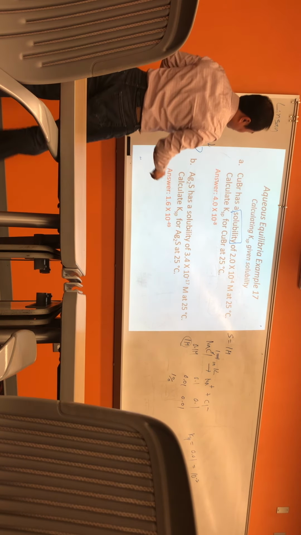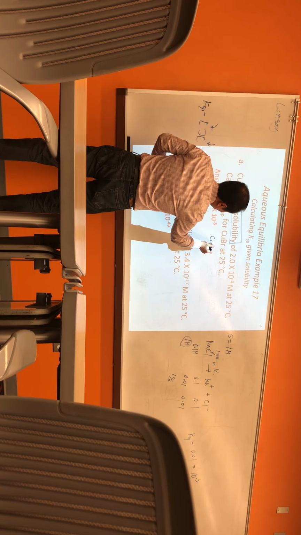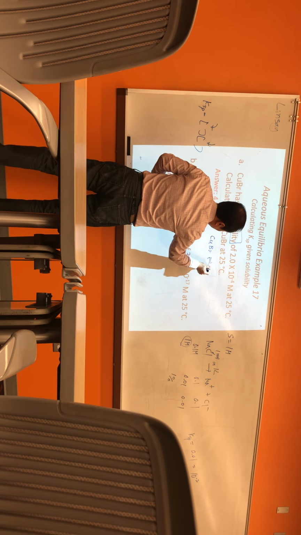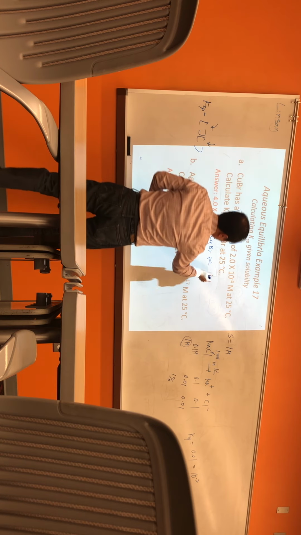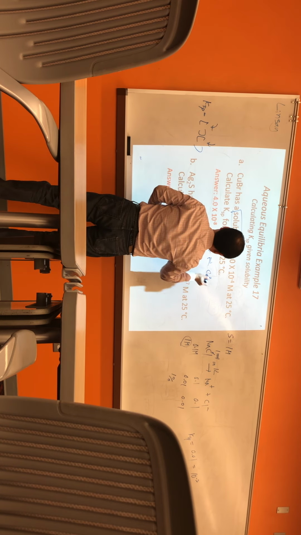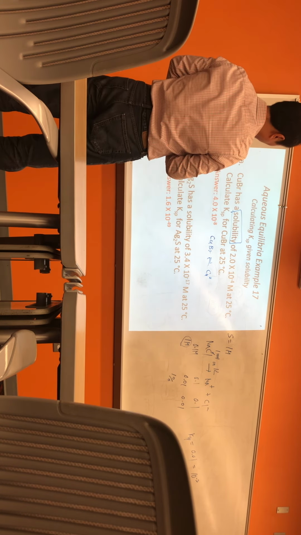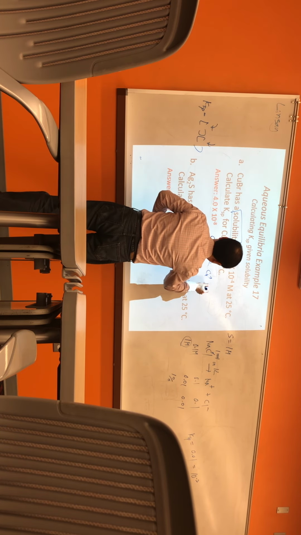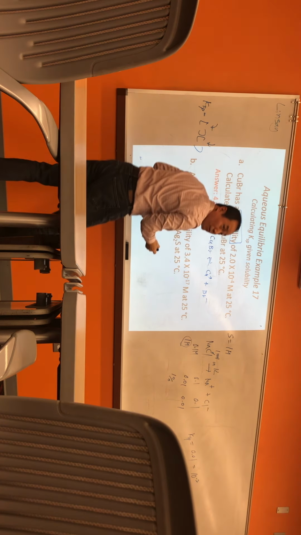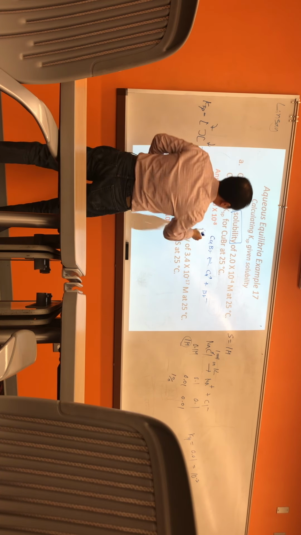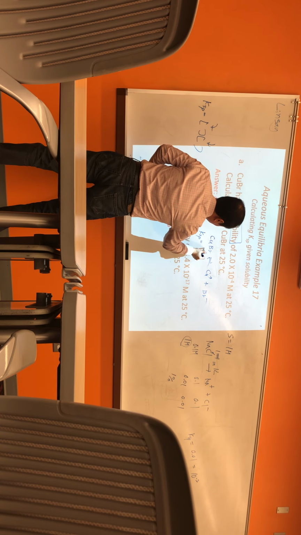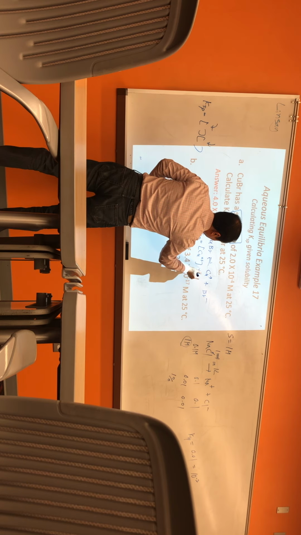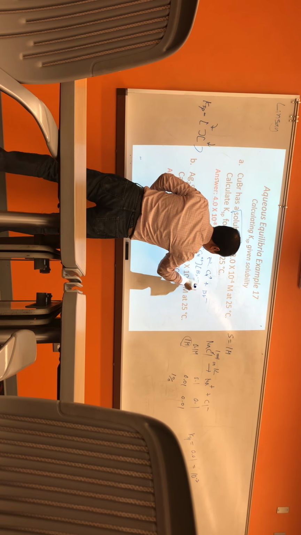Calculate the KSP value. Well, CuBr, let's use a double arrow. Cu plus, Br minus. KSP is Cu plus times Br minus.